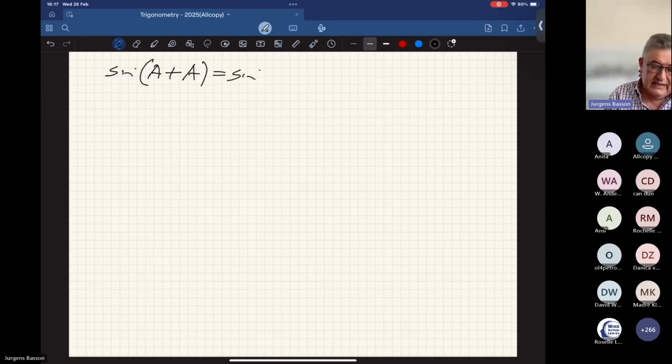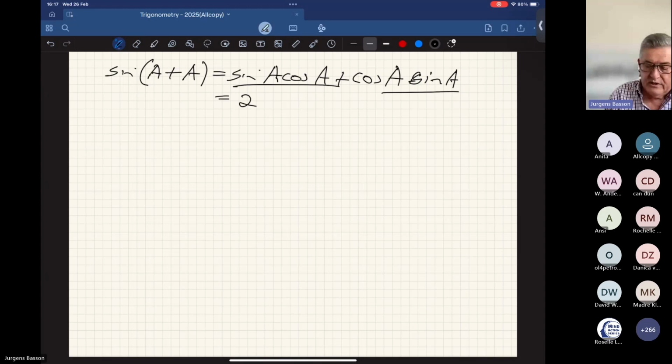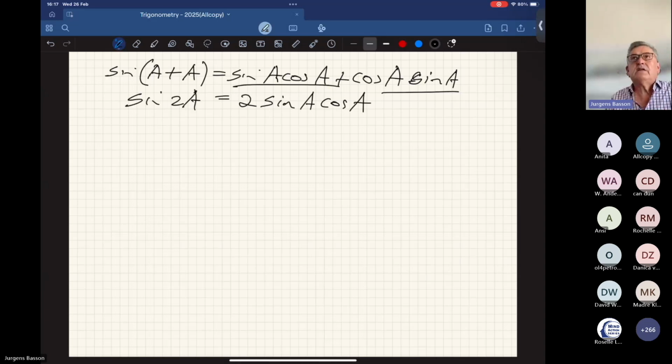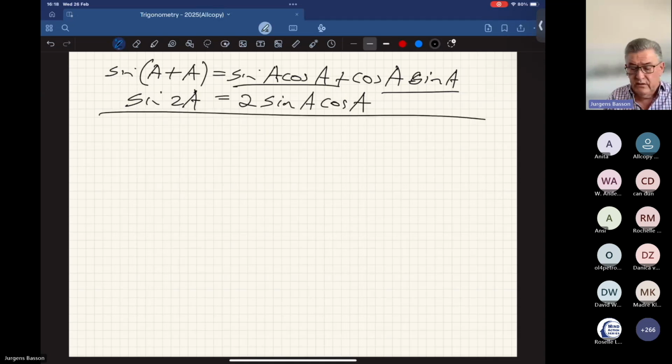So this is sine, cos, sine: sine A cos A plus cos A sine A. And you notice these two terms are the same, so that gives me 2 sine A cos A, and that is the sine of 2A. So I like to discuss it with them and to show them from compound angles that we can find it.